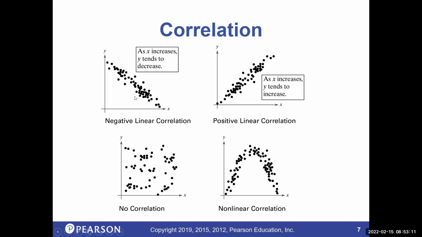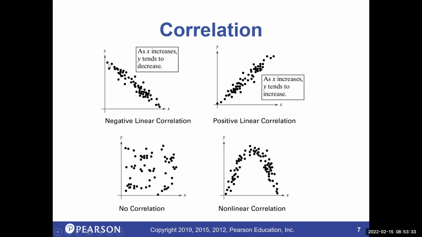As your X increases, if you look at your Y axis, up top would be a higher value, and as you move down your Y axis, that would be a lower value. So you're noticing here that as your X is increasing to the right, your Y is decreasing down.